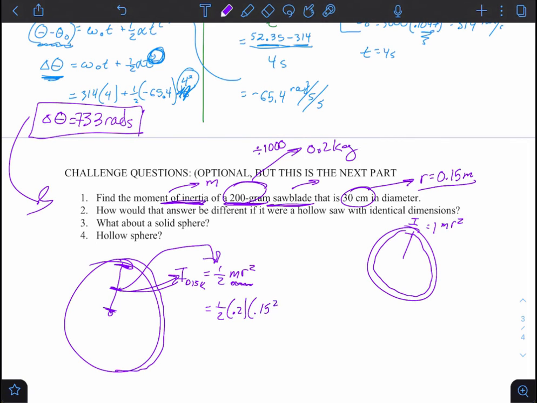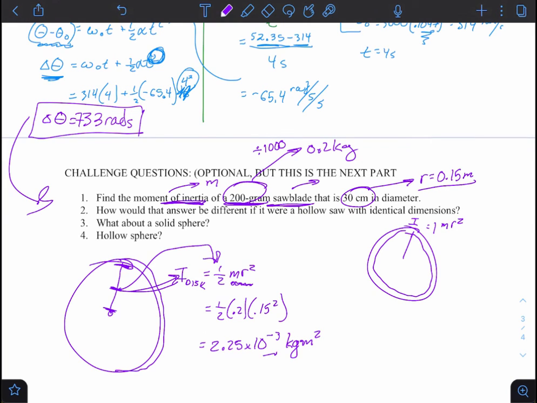Don't forget to square it. 0.1 times 0.15 squared is... my calculator is spitting out 2.25 times 10 to the negative third kilogram meter squared.